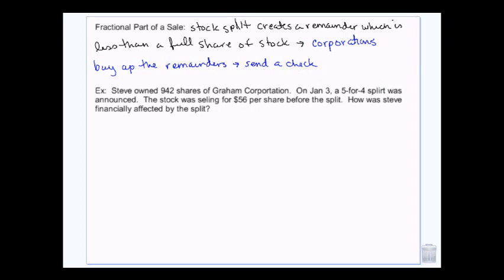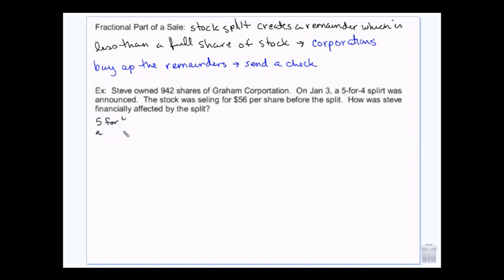All right, so here's what happens. Steve owns 942 shares of Graham Corporation, and then they did a 5 for 4 split. The stock is selling for $56 per share before the split. We have that 942, we have a 5 for 4.